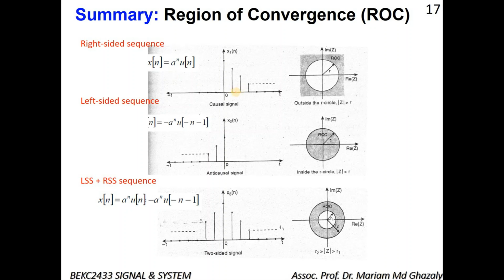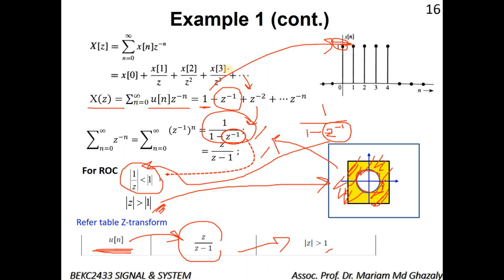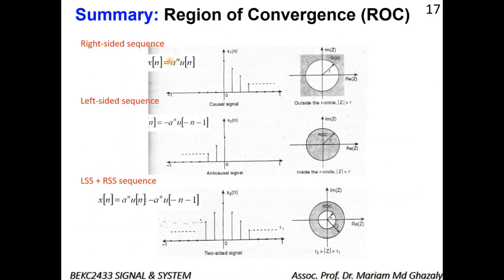So as a summary, what you did just now was use the right-sided sequence, but you do not have an a^n value, right? So you only have u[n]. Okay, u[n] is still a right-sided sequence, so you have z more than 1.